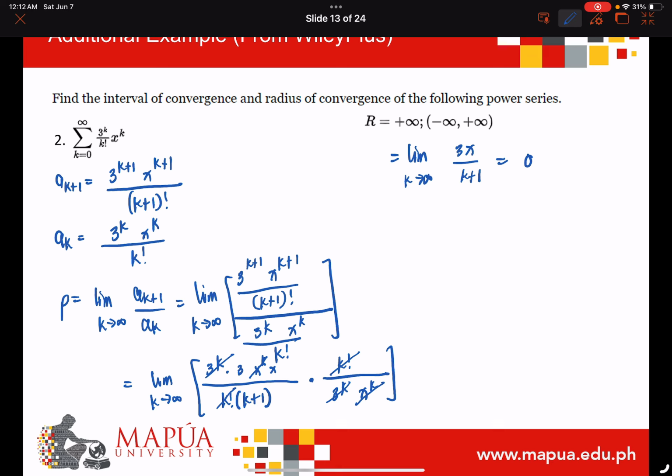Meaning it is always convergent. Since it is always convergent and centered at 0, the radius of convergence is positive infinity and the interval of convergence is from negative infinity to positive infinity.